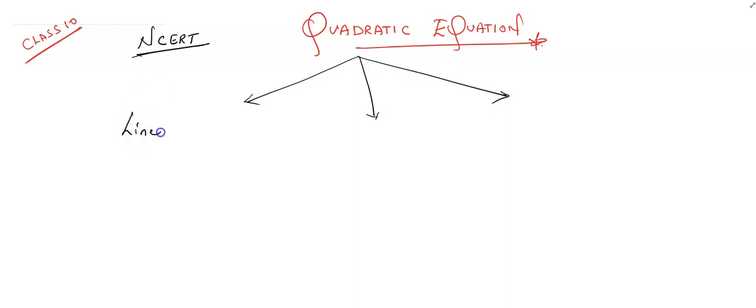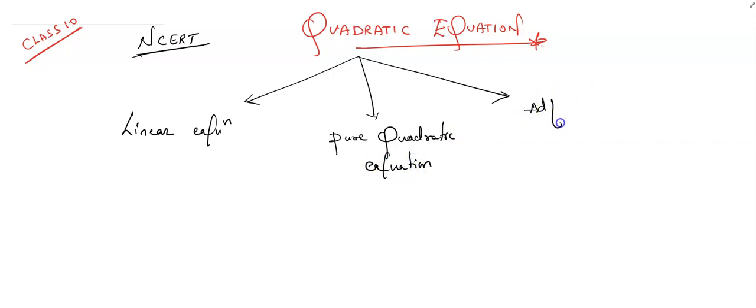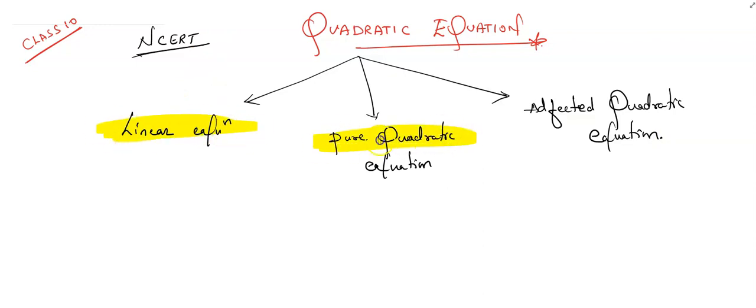That's nothing but linear equation, then pure quadratic equation, and then number 3, affected quadratic equation. Children, I like to tell one thing, please do remember, this is linear equation, this is pure quadratic equation and this is nothing but affected quadratic equation.